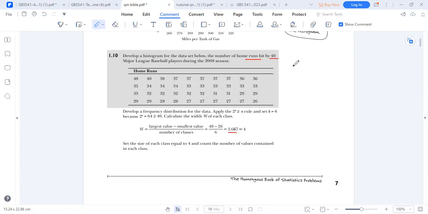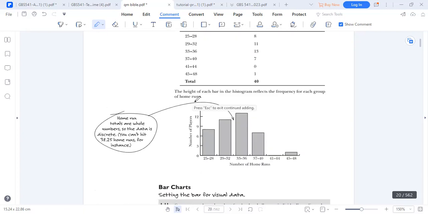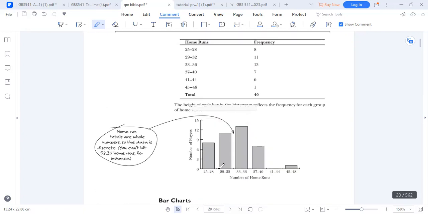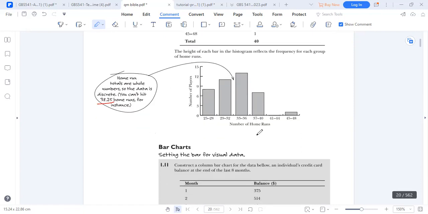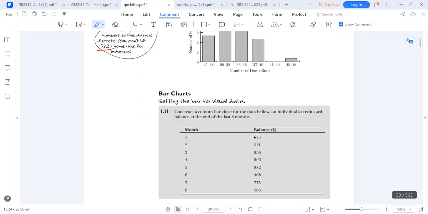So we're going to use tags for the histogram, to show that it's a histogram, but the information will have gaps because you can't hit 38.25, for instance. So that information cannot be in a continuum. With bar charts, on the other hand, you will not have gaps.